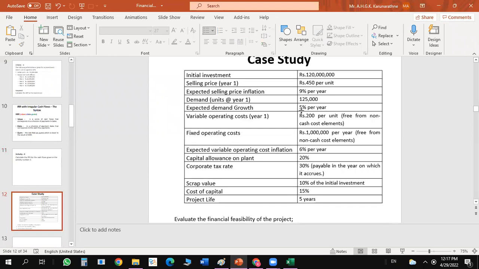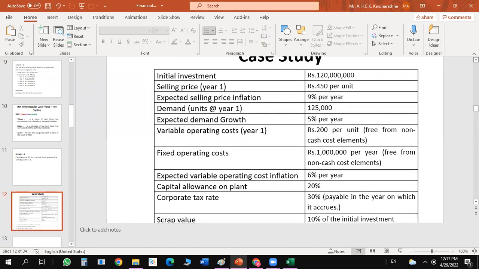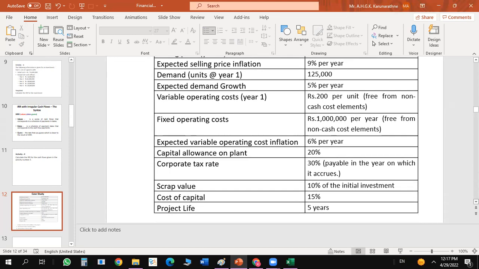You are given this information: initial investment of 120 million, selling price in year one, expected selling price inflation, expected demand growth, variable operating cost, fixed cost, capital allowance on plant, corporate tax, scrap value, everything is given, and the cost of capital and project life.